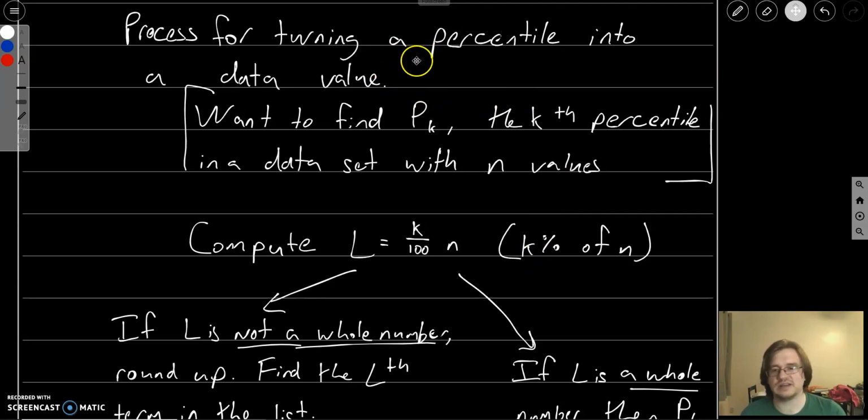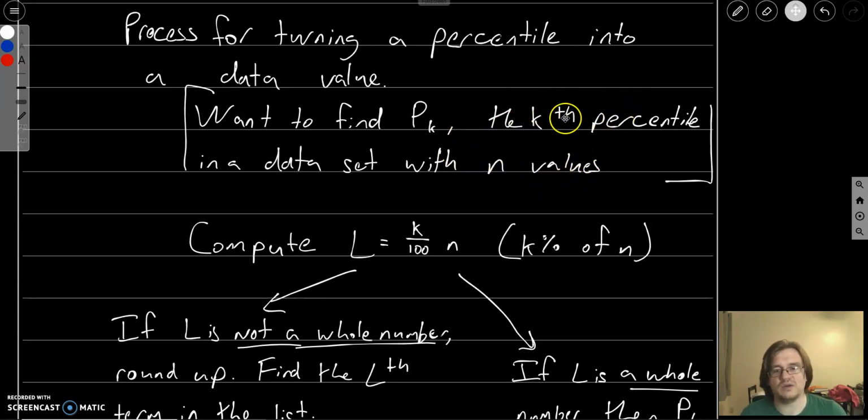So let's look at this process. We're given a data set and we want to find P_k. So we're told that we want to find a kth percentile, and we have n data values in the set. In our previous set we had 10 values, but there could be a lot more. We could have thousands, if not millions, of data values in the set, and we want to find the kth percentile.